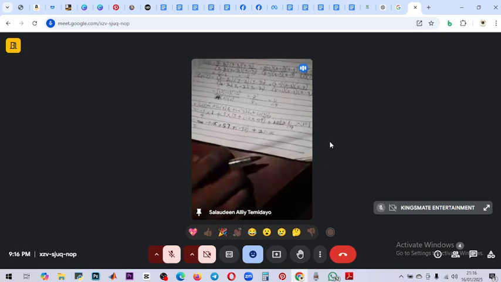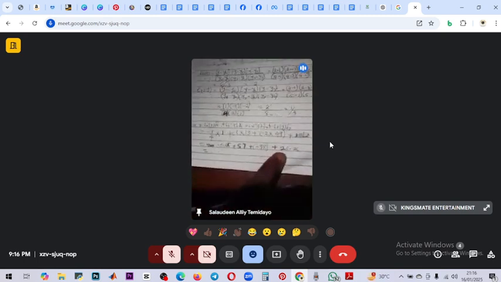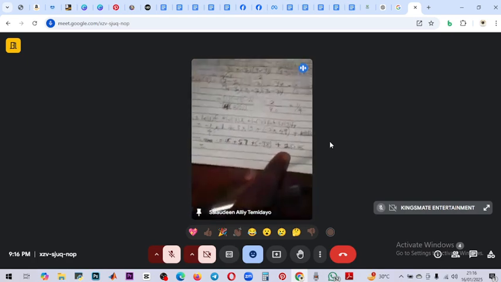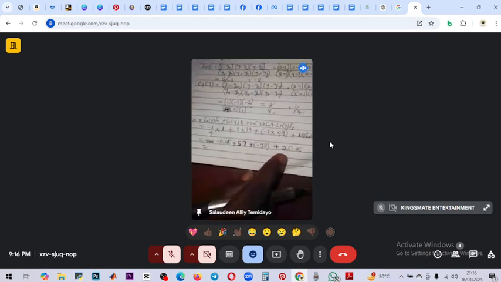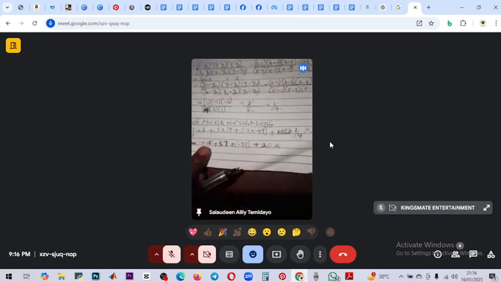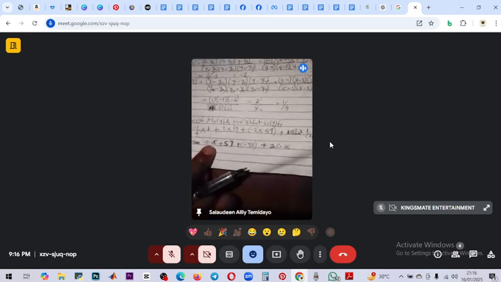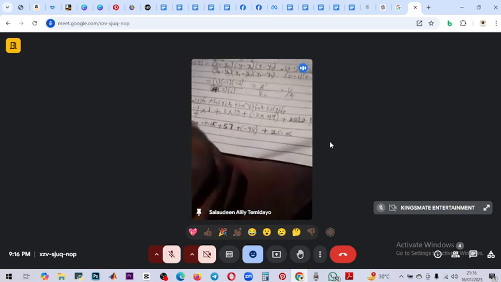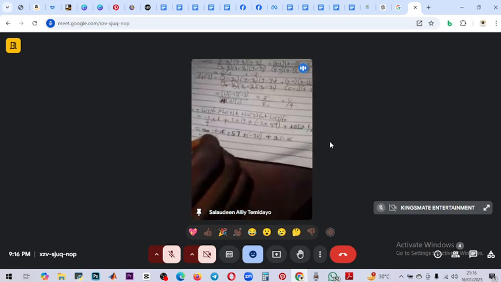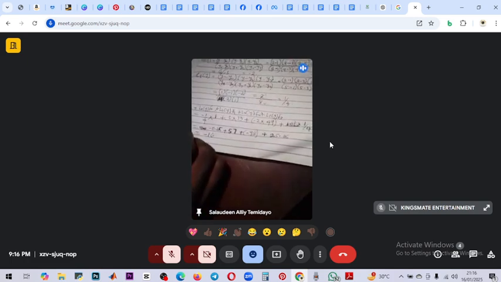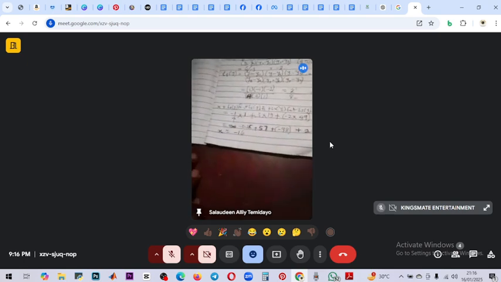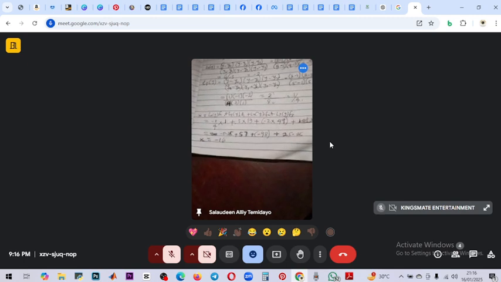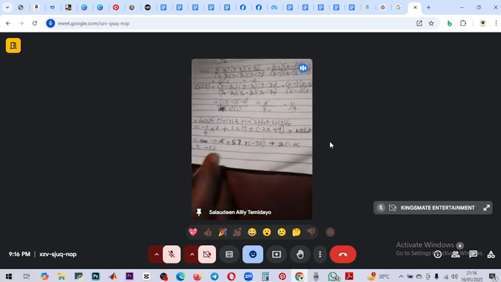So what I have now is 57 plus 25.25, that's going to give me 82.25. 82.25 minus 0.25, that's going to give me 82. Then 82 minus 98 will give me minus 16. That means the value of my x is going to be minus 16.